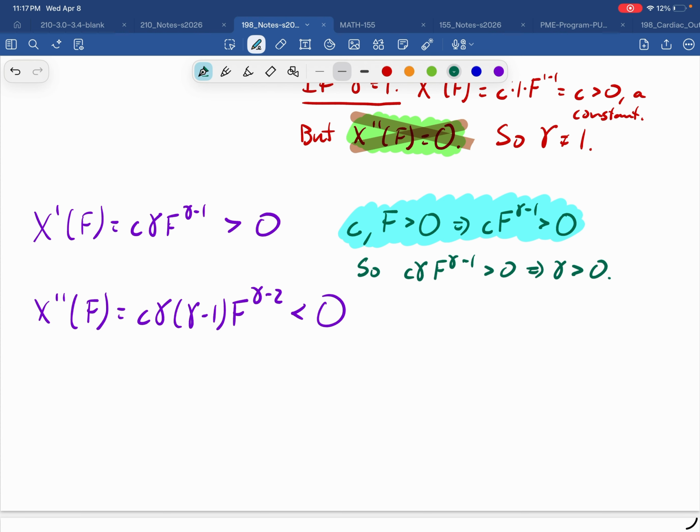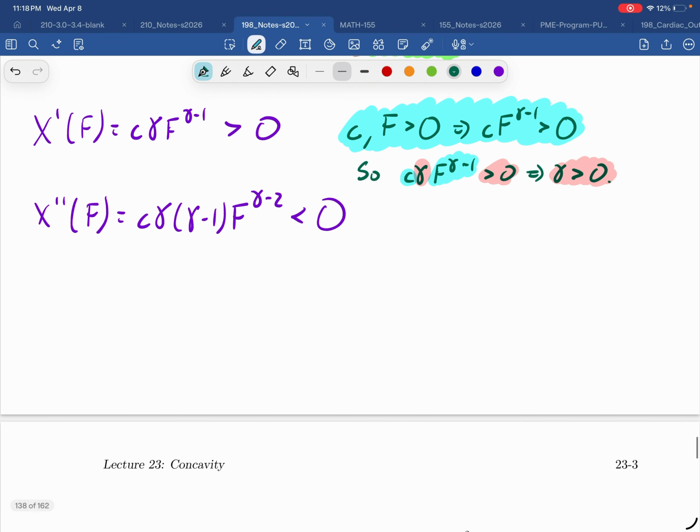Because if this is greater than 0 and that's greater than 0, then this guy also has to be greater than 0 in order for this to hold.